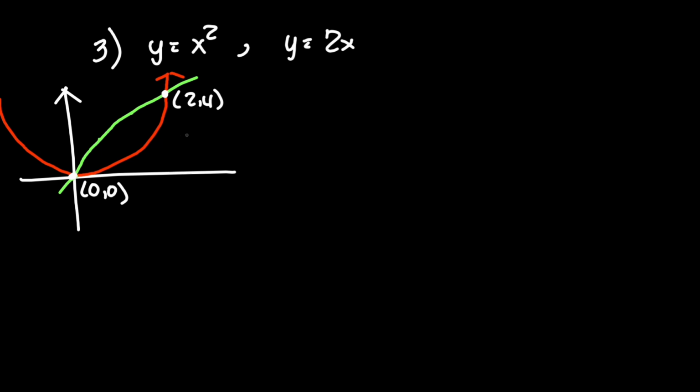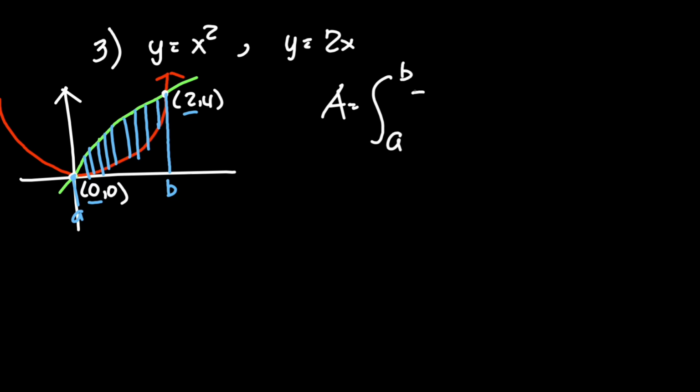So we can choose either of the elements again, but today we will use the vertical element. So this would be b and this value would be a. Since this is on the x-axis, the upper limit would be 2 and lower limit would be 0. So the area right here would be integral of b and a of y upper minus y lower of dx.